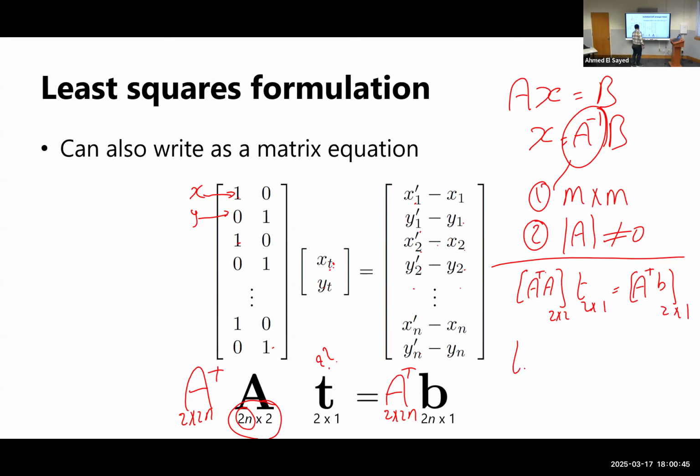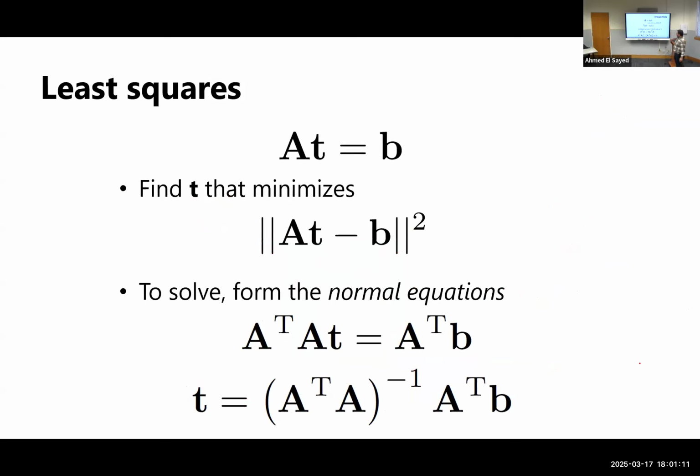So I can say that T will equal (A transpose A) inverse times A transpose B. Okay, so this is a trick we always use if we want to solve for a variable, but the equations are not square. That's how it will end up.